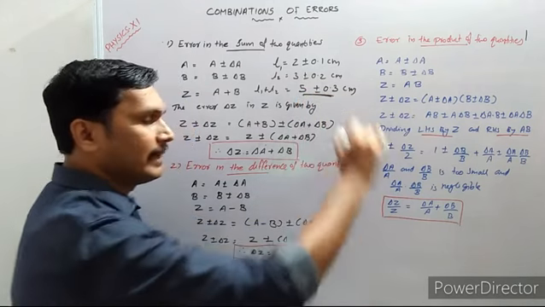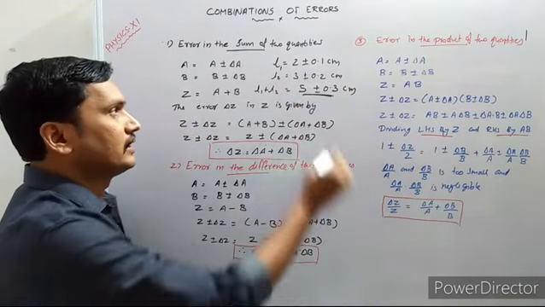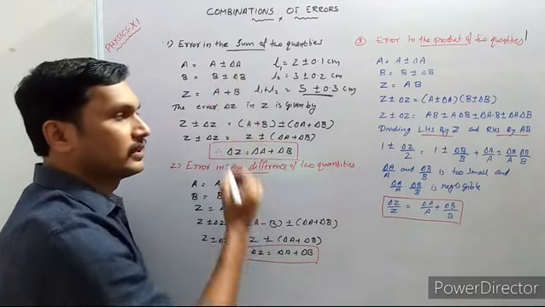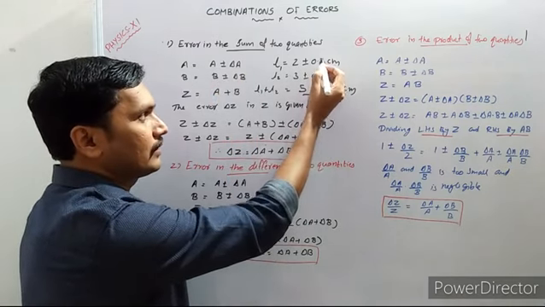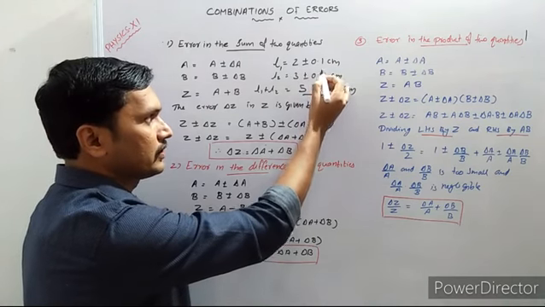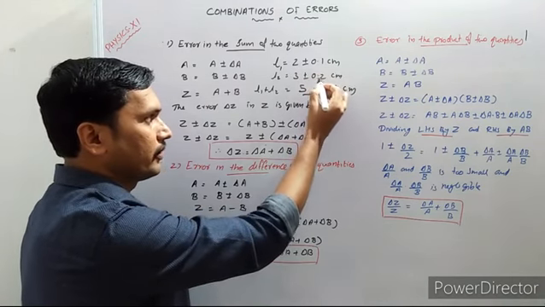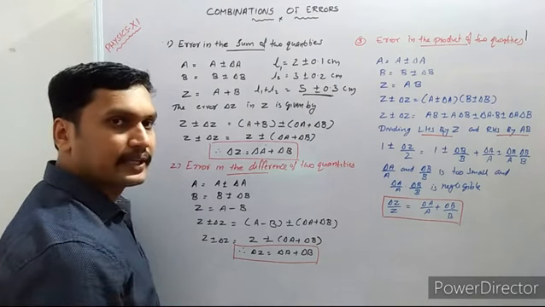That is, the maximum possible error in the result is equal to 0.3. That is, we added delta L1 plus delta L2, that is 0.1 plus 0.2, which equals 0.3.